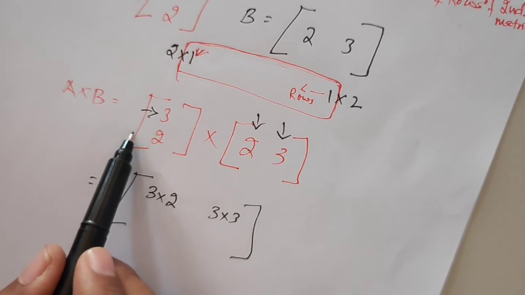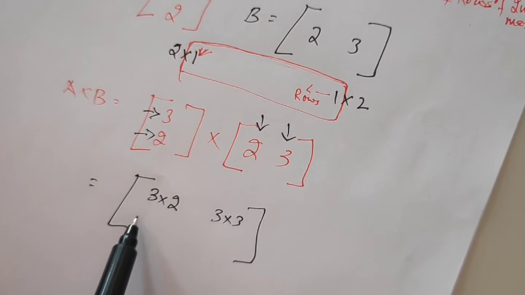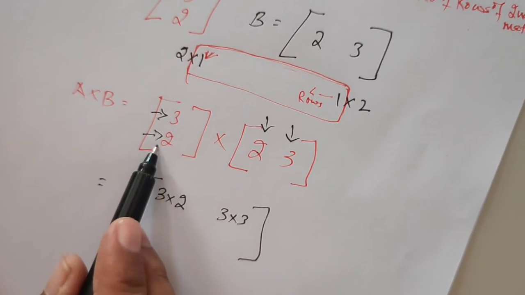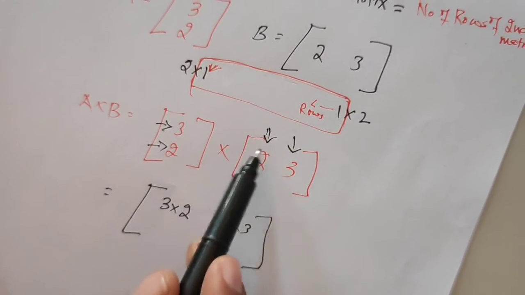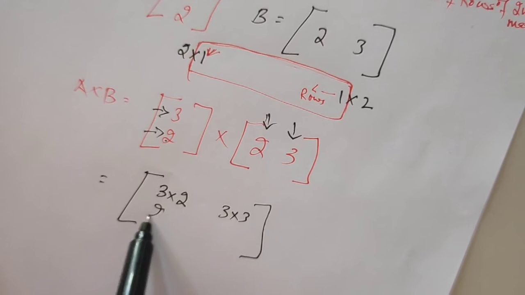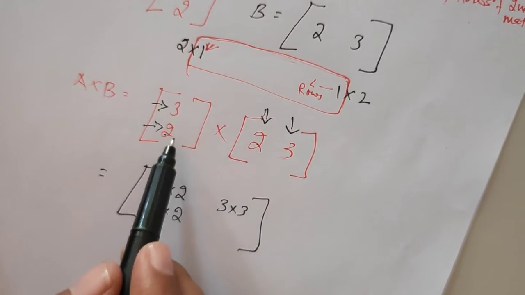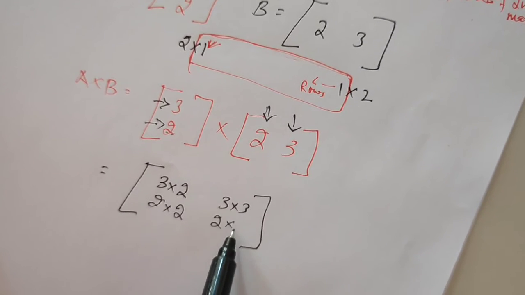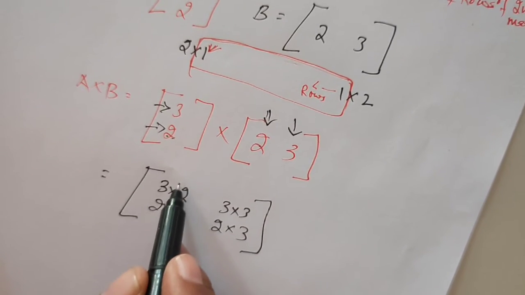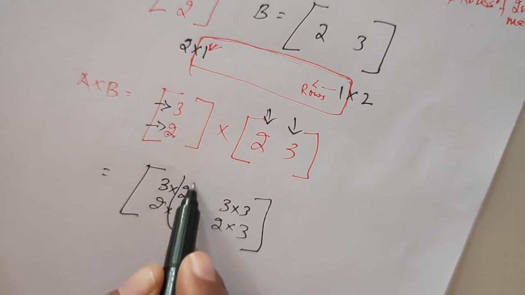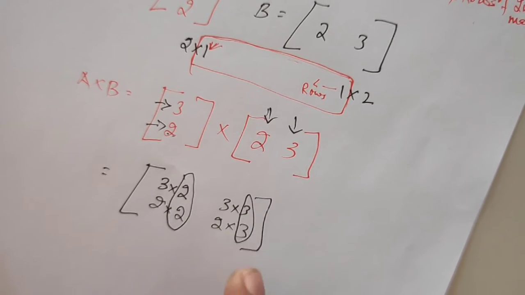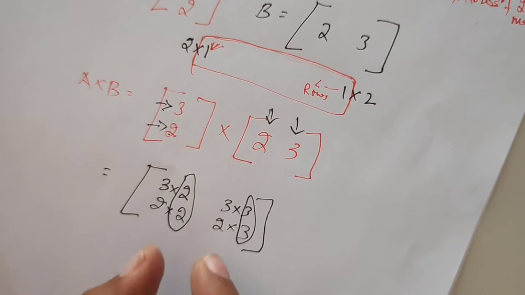Now we start with the second row. The second row will multiply with the first column, so 2 multiplied by 2, and it will multiply with the second column, 2 multiplied by 3. You should keep in mind that the multiplier will always be the same.